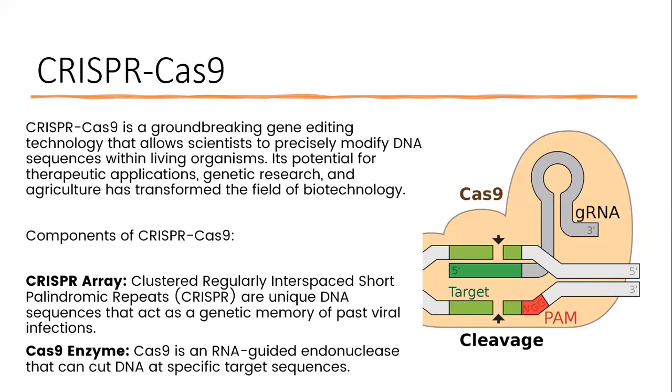These are unique DNA sequences that act as genetic memory for past viral infections. And there's a Cas9 enzyme, which is an RNA-guided endonuclease that can cut DNA at specific target sequences. That's why it's important for us to sequence the DNA. Now we know what the strand is like, and we could target that specific part of the genome if we know what the strand is made up of.